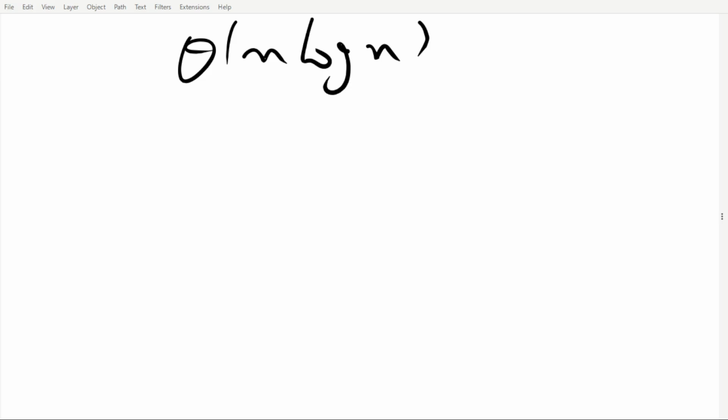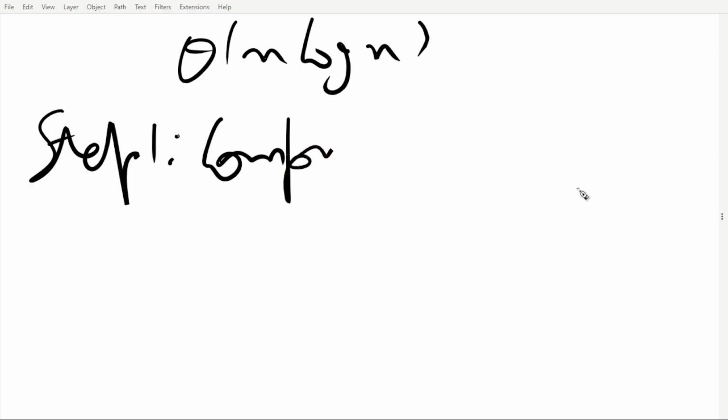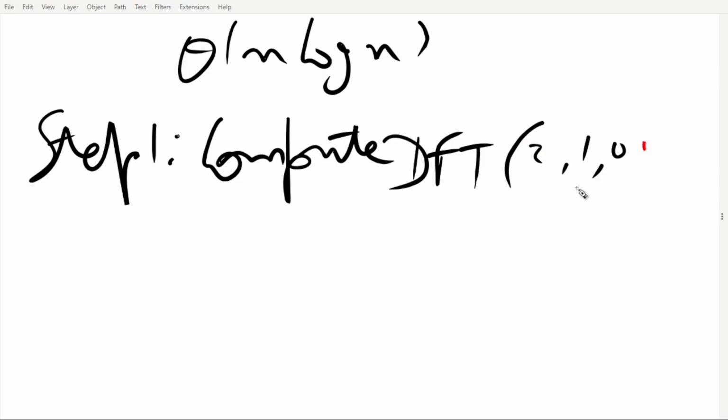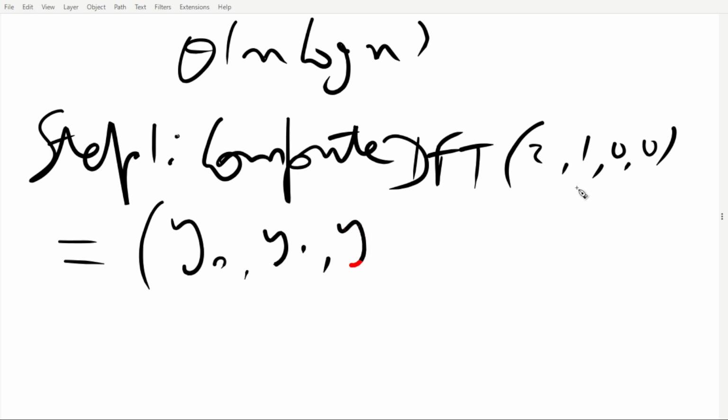Step 1, compute the DFT of the first vector 2 1 0 0. Suppose we get these values y0, y1, y2, y3.